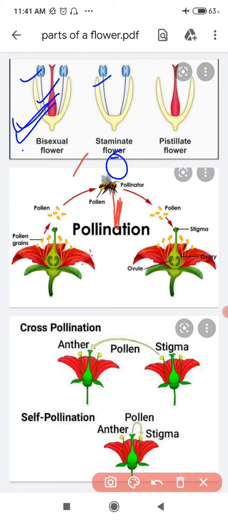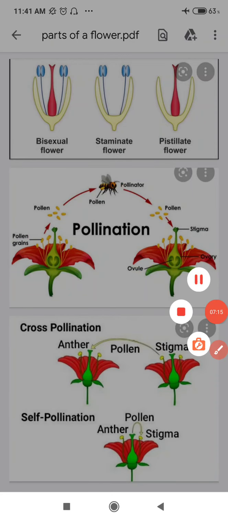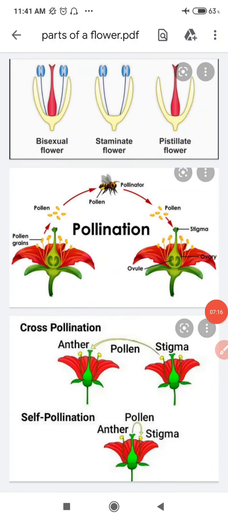So, there are two types of pollination. First is self-pollination and second is cross-pollination. So, what is self-pollination and cross-pollination? Pollination which takes place within the same flower or between two flowers of the same plant is called self-pollination.